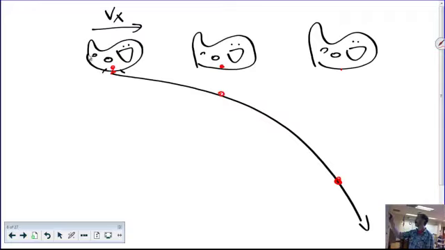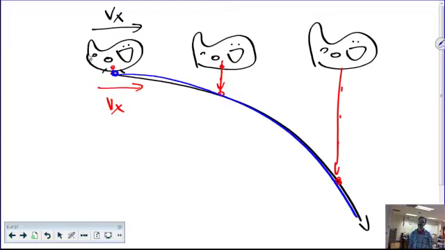The idea is both the airplane and the bomb are traveling horizontally at the same velocity, and so the bombs are always directly underneath the airplane. From the perspective of the airplane, it looks like the bombs are going straight down. But from a side perspective, the bombs are actually going to follow a curved path like this, just like the car driving off of the cliff.